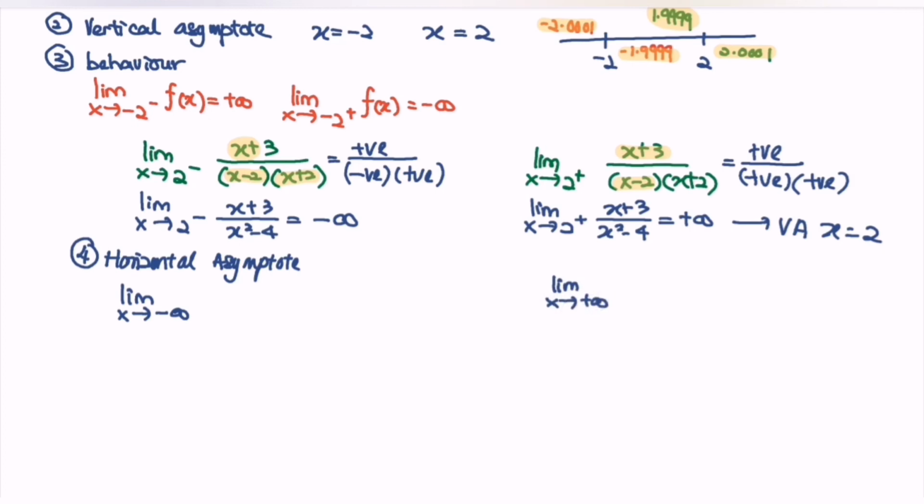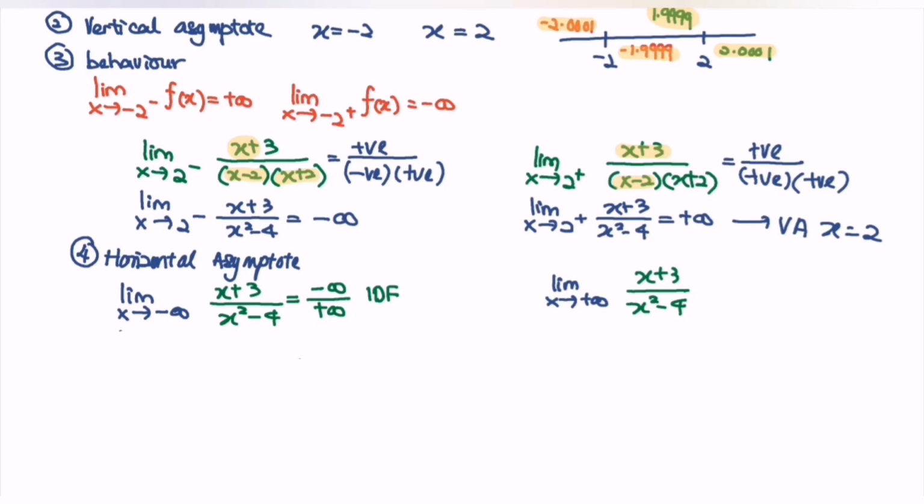Kindly substitute the function, what we have, (x + 3)/(x² − 4) for both cases. Next, we substitute the value, and we will have negative infinity for the numerator and positive infinity for the denominator. In this case, we denote it as IDF or indeterminate form. So now we have the IDF.